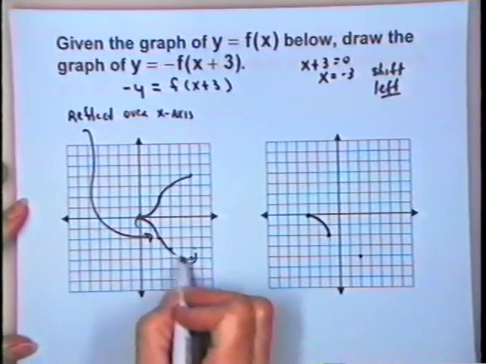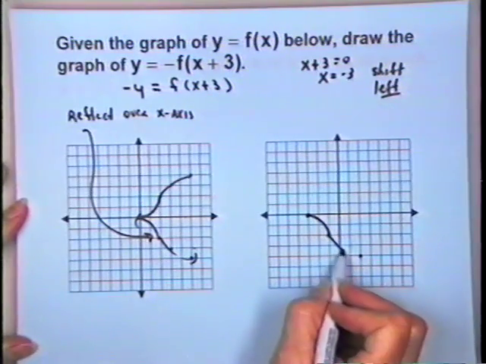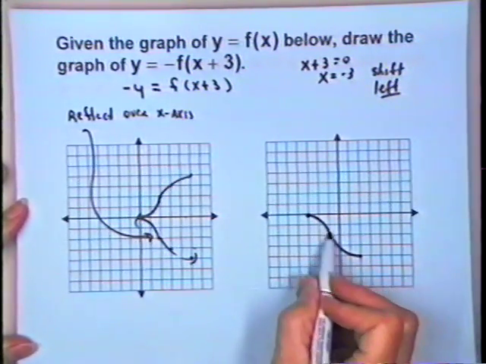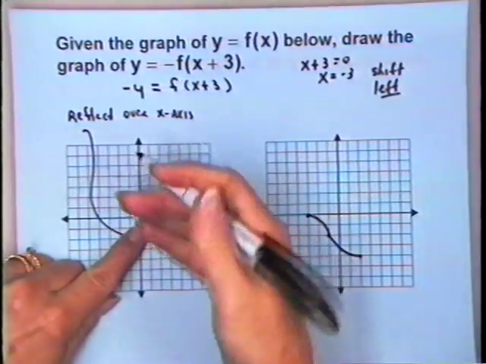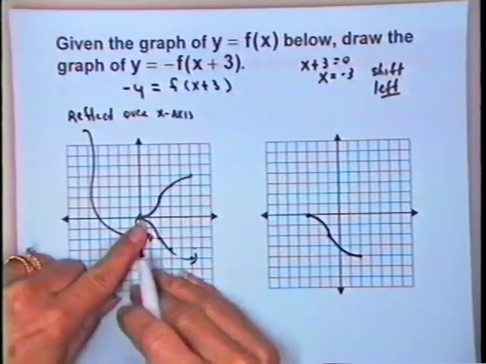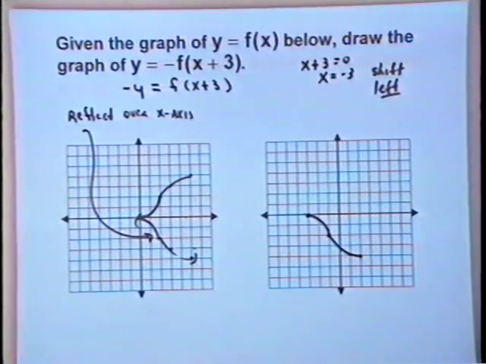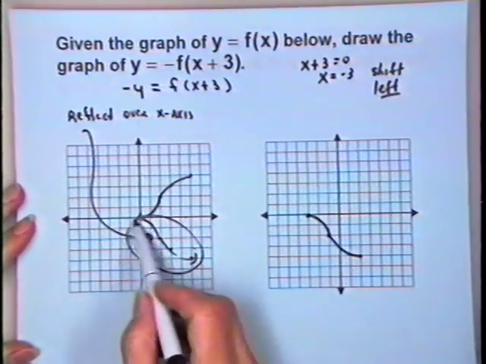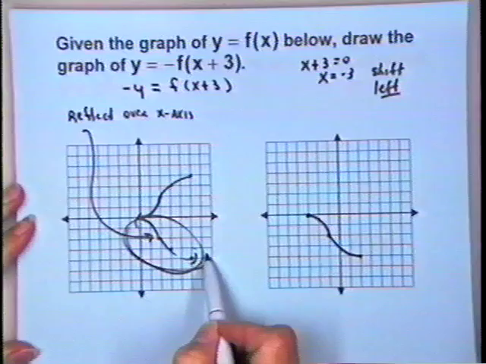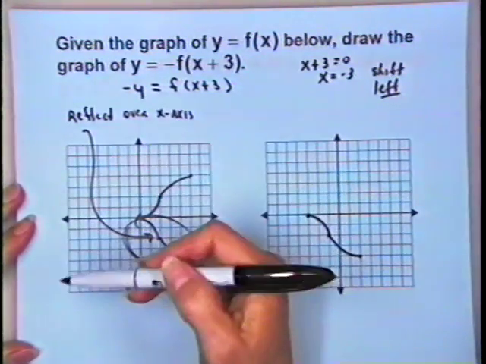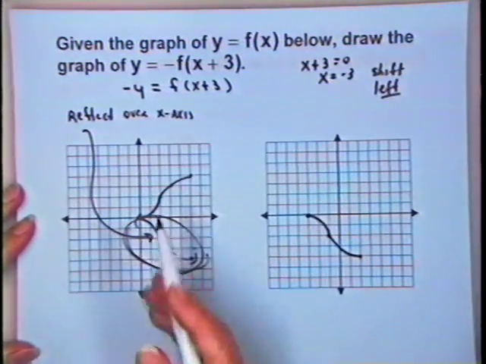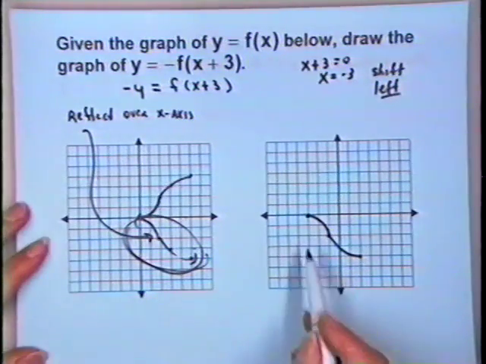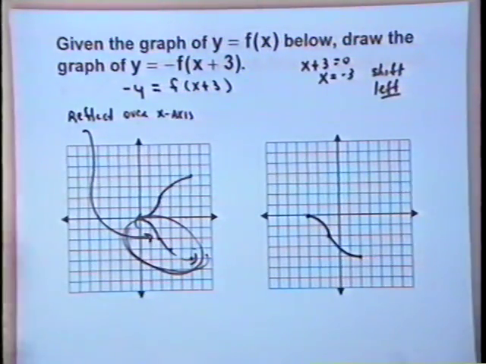And then notice that part of the graph was shaped like that, so I'm going to do this. So this graph right here has this graph reflected over the x-axis and then shifted left. Okay? So sometimes it helps to draw sort of this intermediate picture in here to help you get an idea. Reflect over x-axis, see what that looks like, and then shift to the left 3 units, and then you have your sketch. Okay?